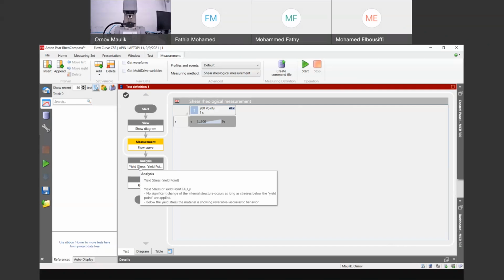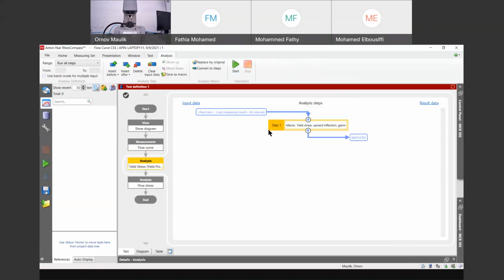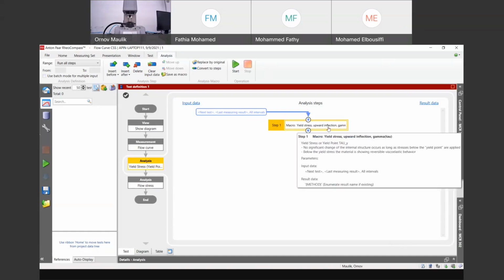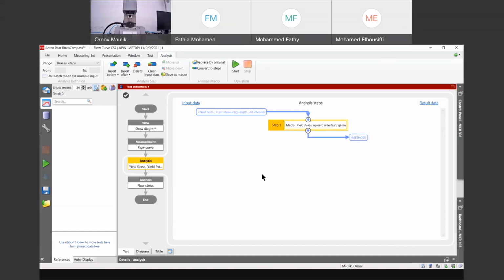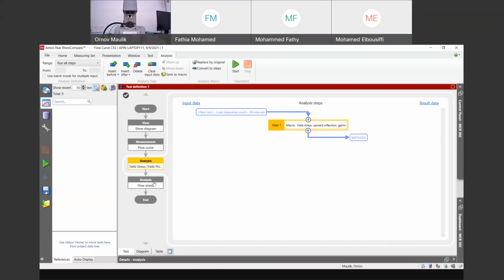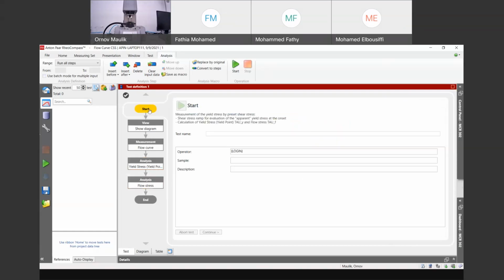And you can also see this analysis tab with this test template, where you would find the yield stress depending upon upward inflection. So if you remember the image of a yield point experiment, you can see that there is a sudden upward inflection, and that inflection can be your yield stress. And then you can also determine the flow stress using this.